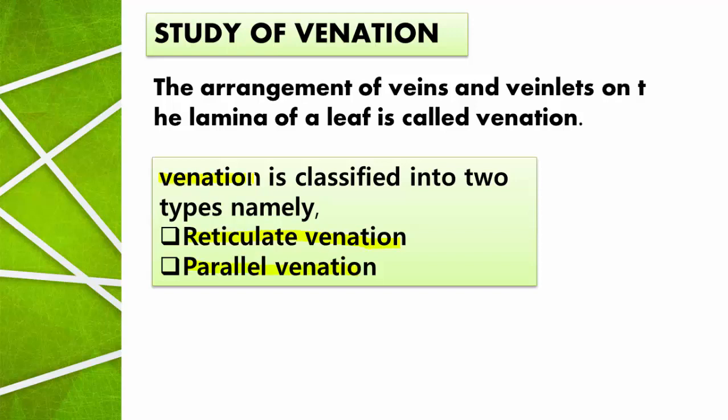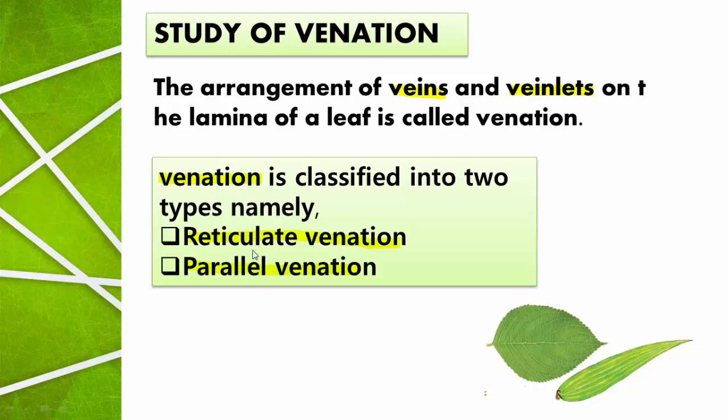This classification is purely based on how exactly the veins and veinlets are arranged on the leaf lamina. And here is the image: a leaf with reticulate venation and a leaf with parallel venation. So venation purely explains the arrangement of veins and veinlets on the leaf lamina.